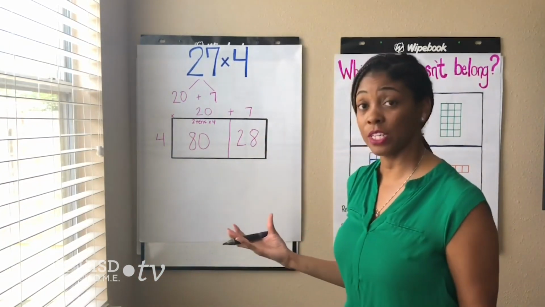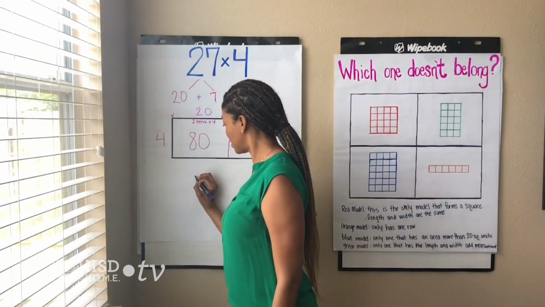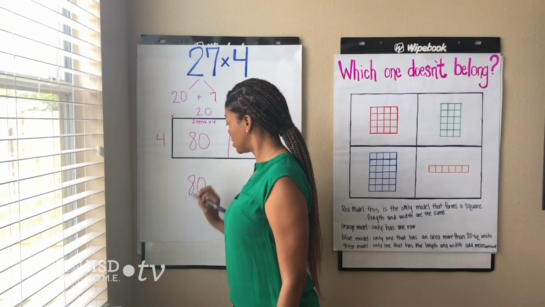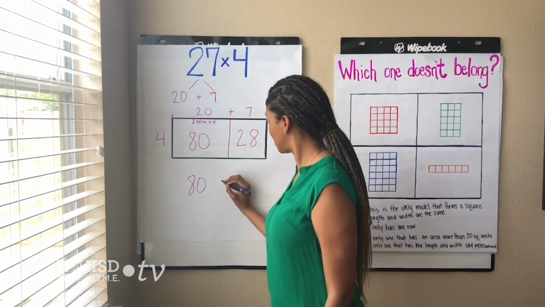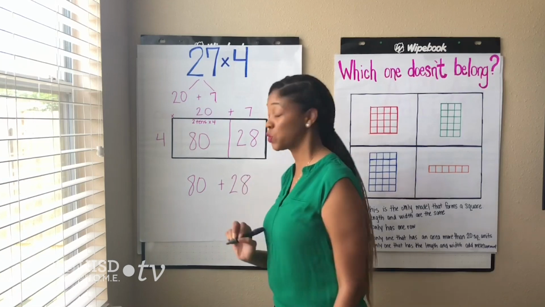And so now what I want to do is add my partial products together, where I have 80 plus 28.